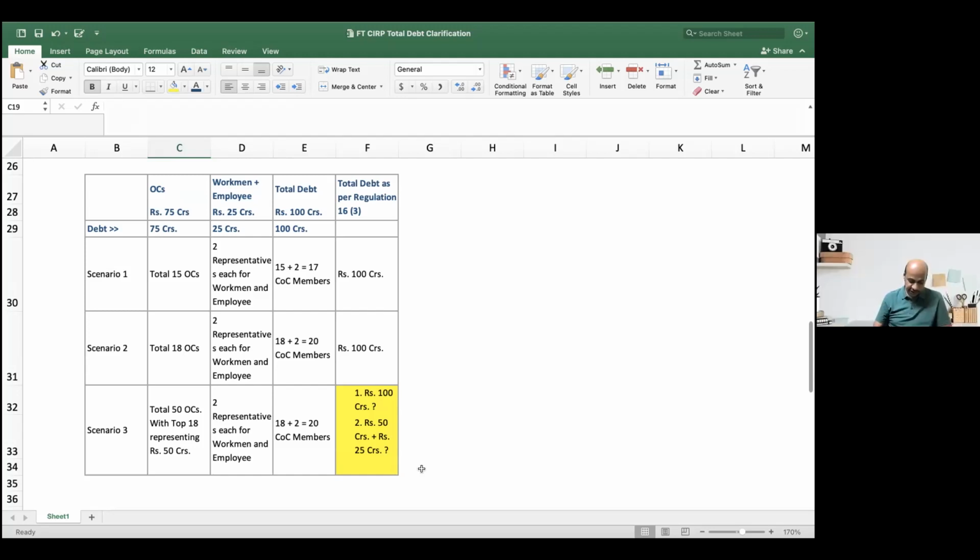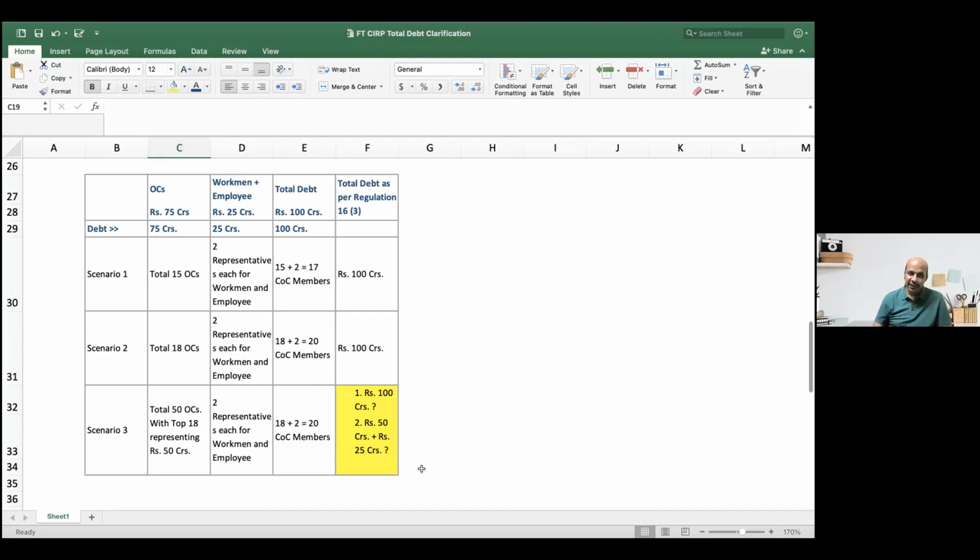They haven't mentioned any time by when the adjudicating authority should come back. I don't think they have, but what they're trying to say is that the professionals should convene the first meeting of the committee within 7 days of the filing of the report. So in this case, I think once it moves to the normal CIRP, the timelines will change.